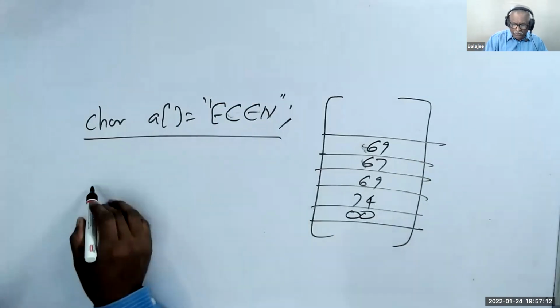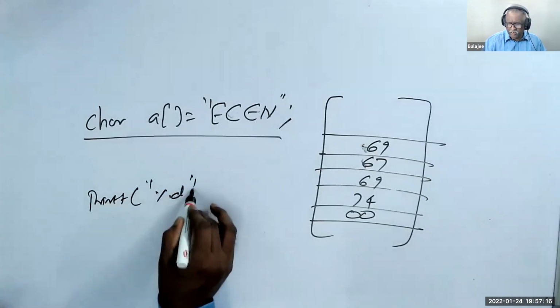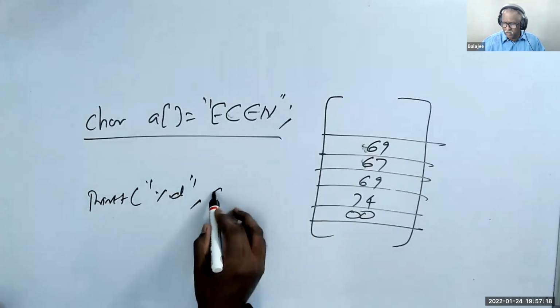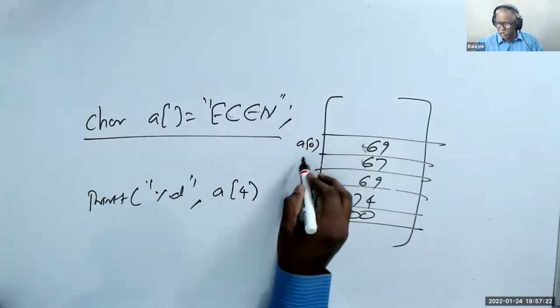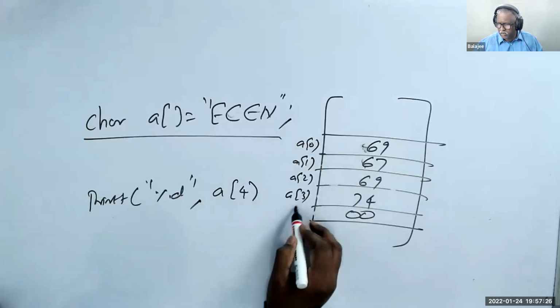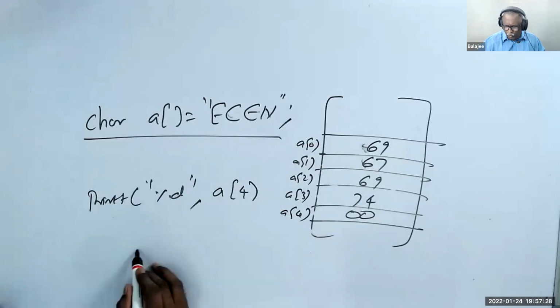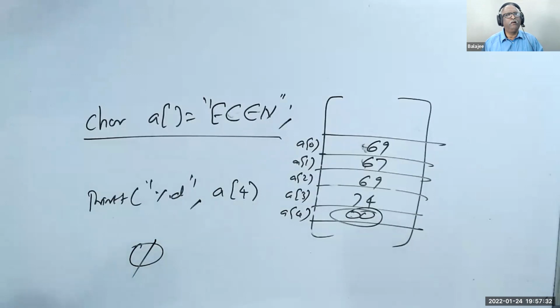If you print now, printf %d, comma, a of 4, because this is a of 0, a of 1, a of 2, a of 3, a of 4, you will get 0 because that is having 0. Okay, by using %d also we can print 0. Yeah, from the array you can do that.